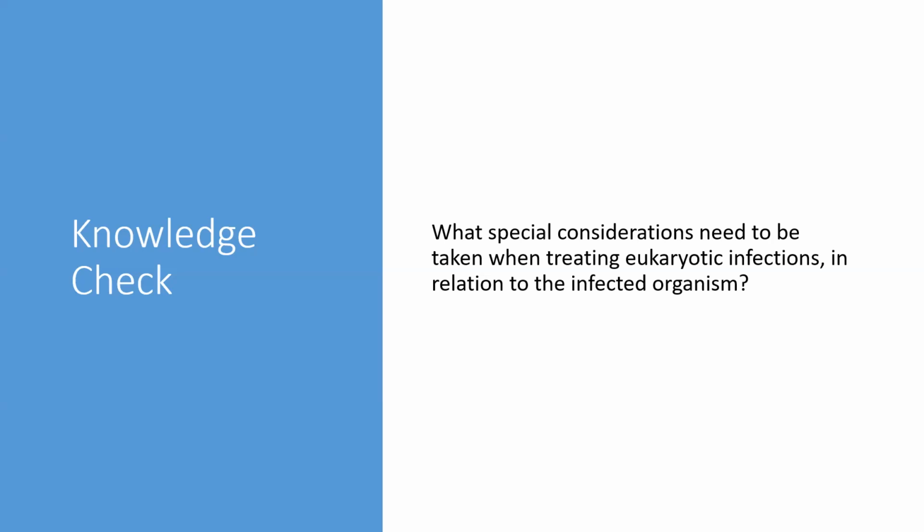Another way to think about that is, when we're making a drug to kill, say, a roundworm, what do we have to consider about that roundworm and about us, the thing that's infected with that roundworm? Take a moment to think about that. Pause the video and start back.